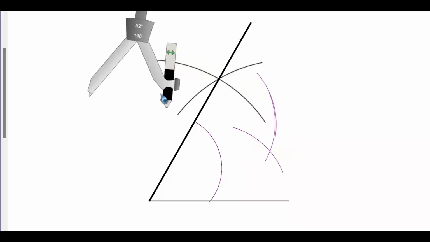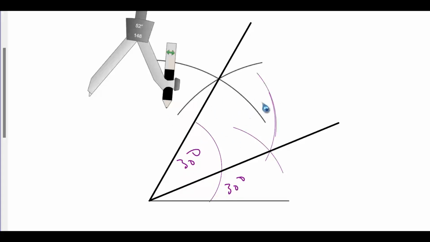Since we have the other arc now, you can easily join them together. So you put this one here, then you draw like this. So this will be the bisection of angle 60 degrees, and you have this one to be 30 degrees and this one to be 30 degrees.